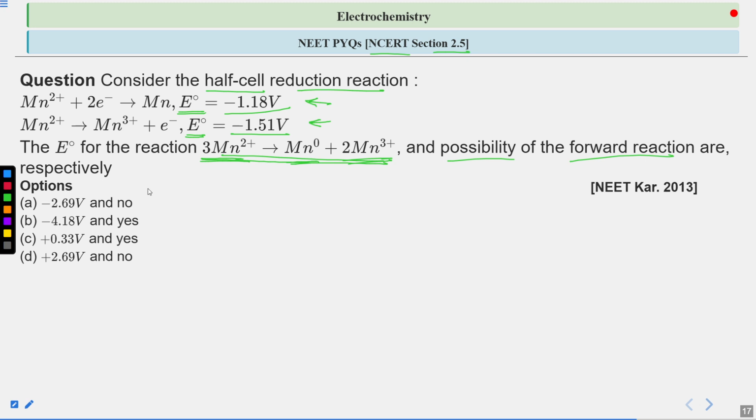The four choices are minus 2.69 volt and no, minus 4.18 volt and yes, plus 0.33 volt and yes, or plus 2.69 volt and no.